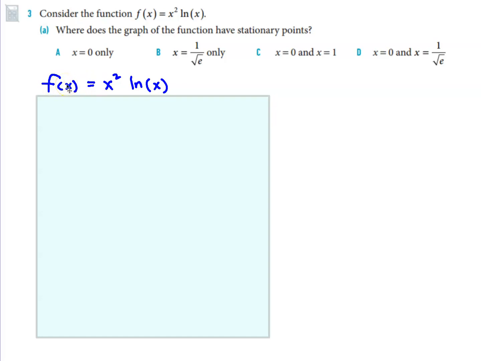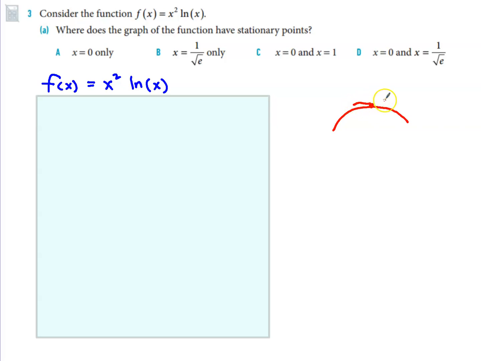Now stationary points, I'll just do a bit of a drawing here. A stationary point basically just means this. You've got a function just there. Here the gradient is positive. Over here the gradient is negative, and right there is what's called the stationary point.